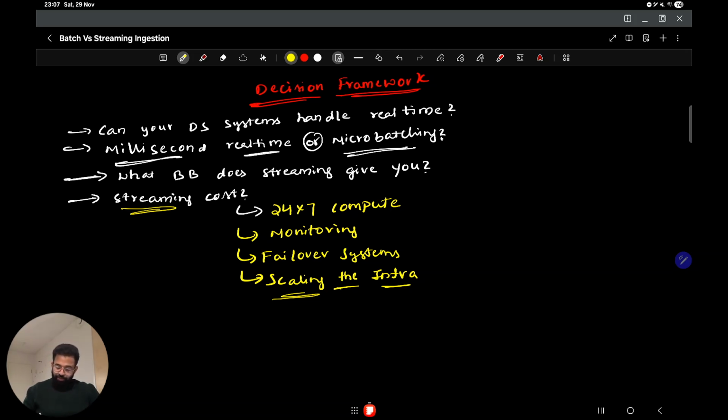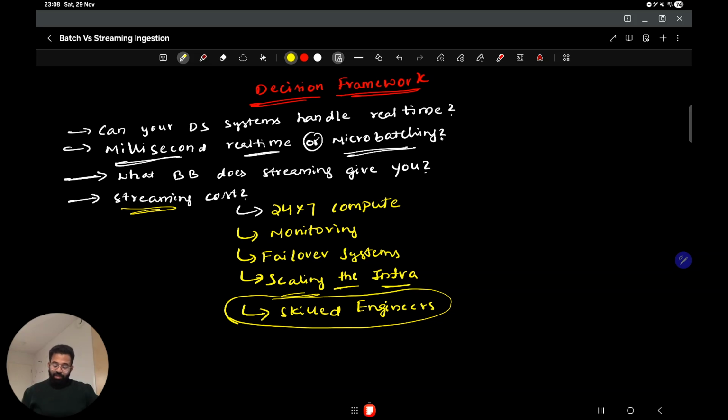And then the most important point: in order to do any kind of ingestion, not just streaming, you should have skilled data engineers who understand how distributed systems work. In my experience, getting this point right is a little bit difficult most of the time.